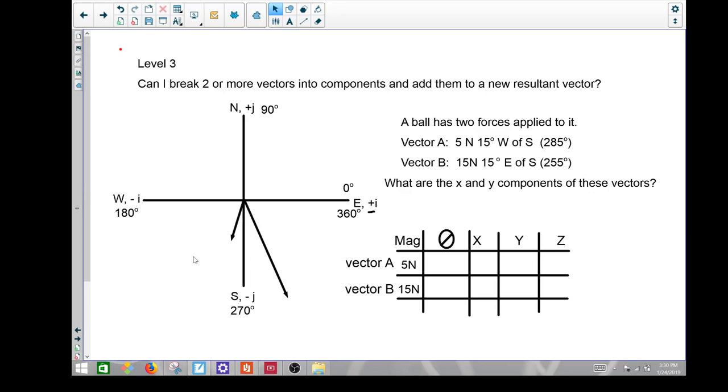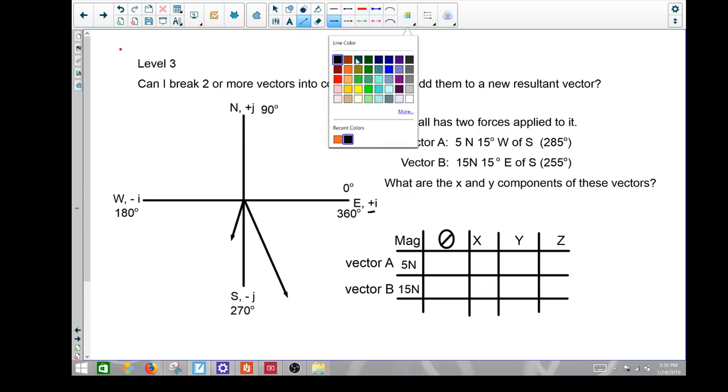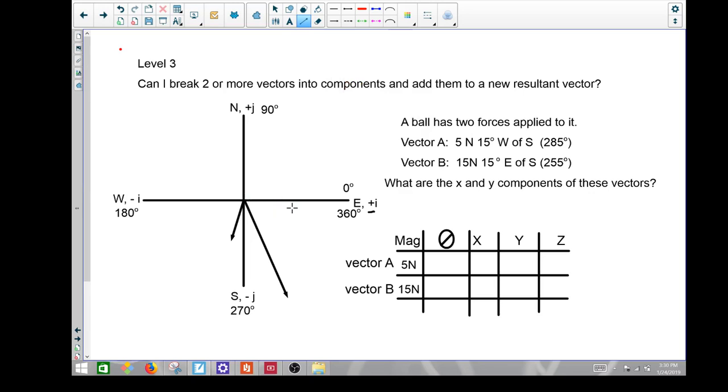Before we get too far into the actual SOHCAHTOA and the math, a very, very important thing to understand is that each of these has an x and y component. Here's one.